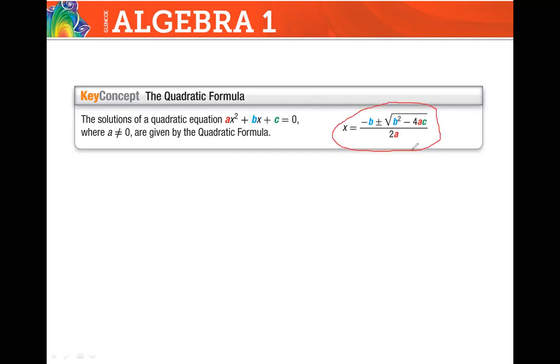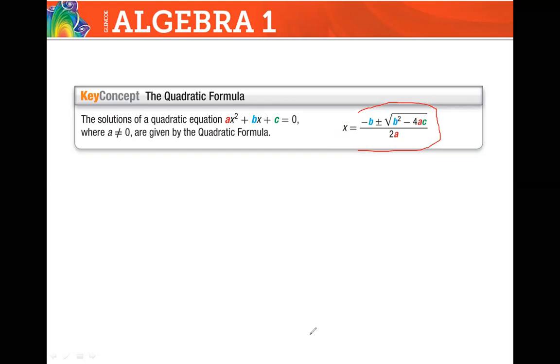The formula is x equals negative b, positive or negative, square root of b squared minus 4ac, over 2a. When I say solve, you need to find the value of x, the value of the variable.